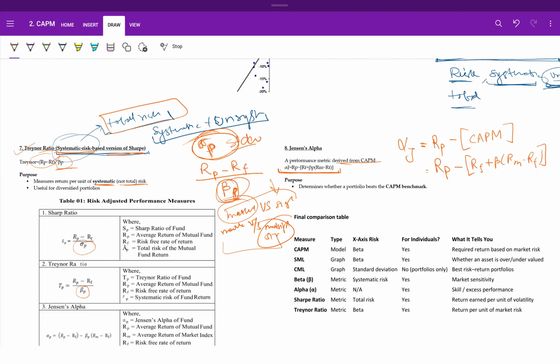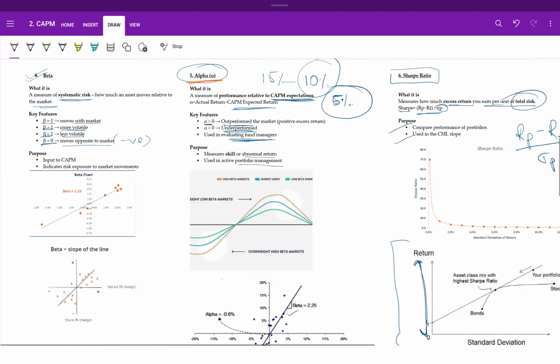So it determines whether a portfolio beats the capital asset pricing model, CAPM, or not. And if the alpha is above zero, it means we have outperformed. If the alpha is less than zero or negative, it means we have underperformed.